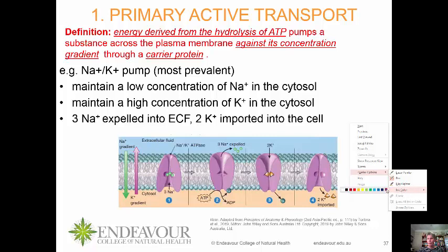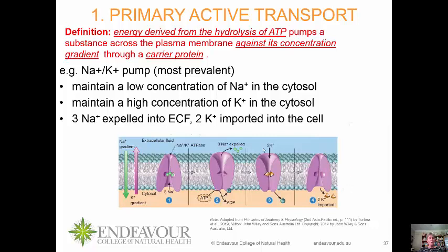Ink color, we'll go red this time. Okay, so if you see here, we've got the sodium concentration gradient. The normal concentration gradient: we have a higher concentration on the outside and a lower concentration on the inside.